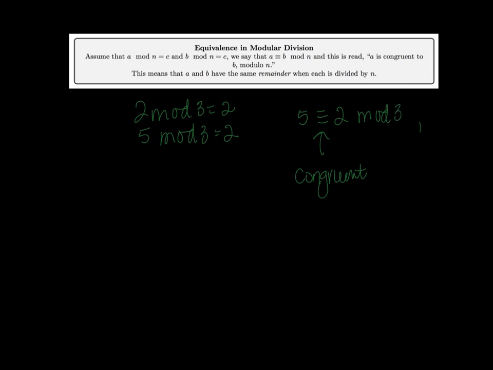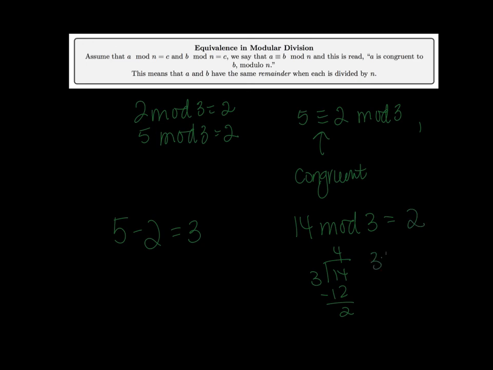The other thing you should notice is that when I take the difference between these two numbers, 5 minus 2, that gives me 3. What about another number? Let's look at 14. 14 mod 3. I take 14, divide it by 3. It goes in 4 times. I'm left with a remainder of 2. So 14 can be written as 3 times 4 plus 2 is equal to 14.